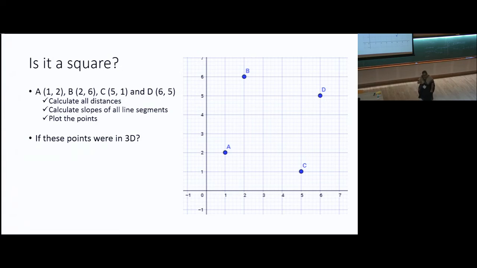Coordinates are given, 4 points, 3D. What will you do? Yes, that still works. What else? Right, so there is a chance that the 4 points may not be coplanar. So that also has to be checked. But that's a good idea.